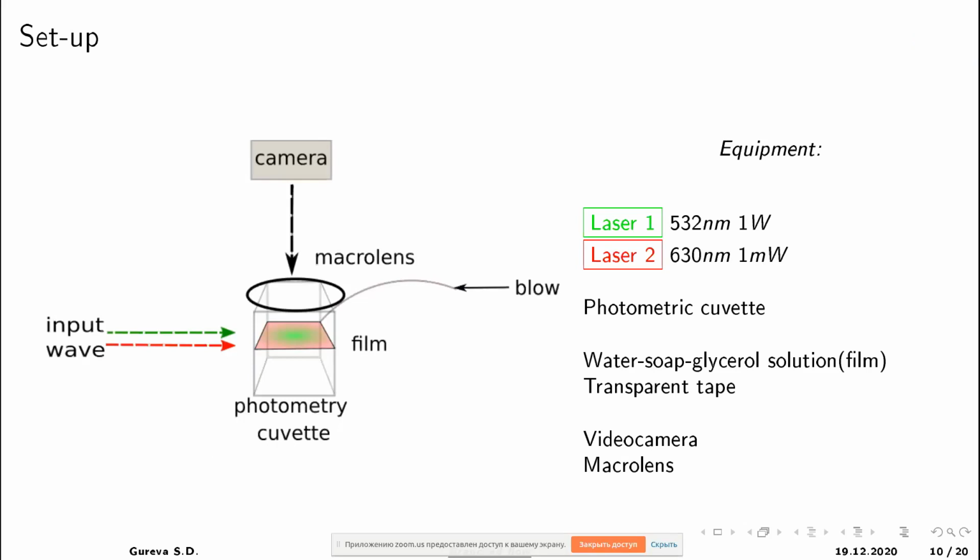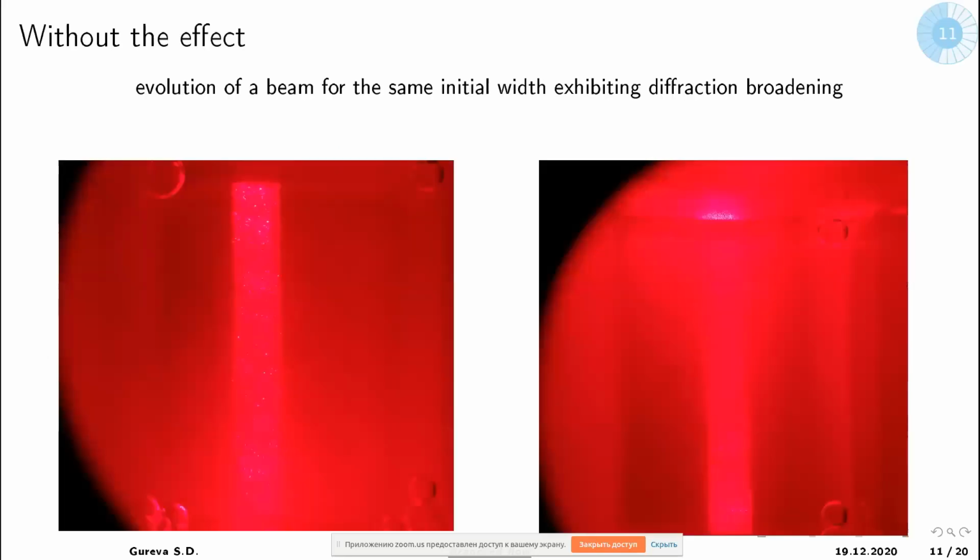As an input wave, we used two lasers of different power and wavelength. We used a water soap and glycerol solution film stretched inside a photometric cuvette, and observations were carried out with the use of a microlens and video camera. Firstly, on this slide, I show how the beam propagates through a volume filled with the solution.